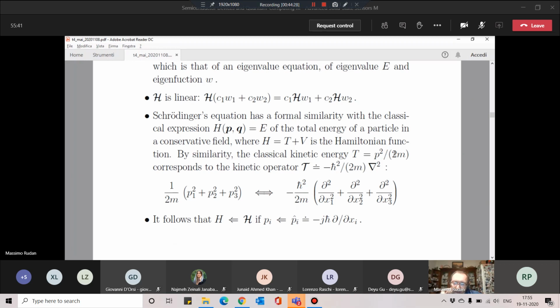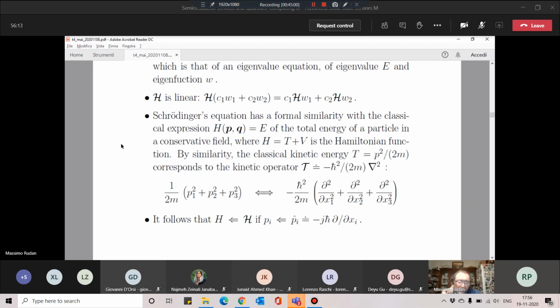So we are led to think that we go from the classical expression of the kinetic energy to the quantum expression of the kinetic part of the Hamiltonian by replacing p squared with minus h bar squared Laplacian. This is written in a larger form on this line.